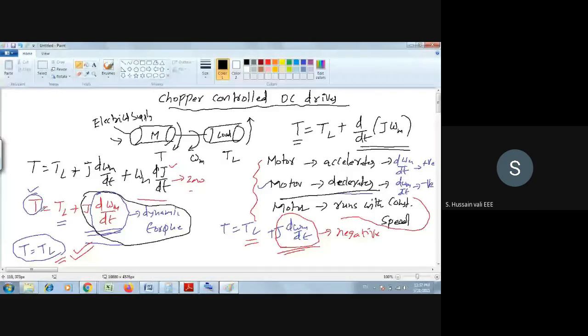So in that case the motor needs to develop less torque to meet the load torque. This negative part is getting added to your motoring torque. So here also, when you find the power is negative, that is what you call braking.